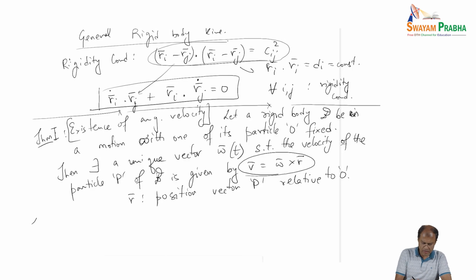Then we have another result in the form of existence theorems. This is part 2. The result says, this is again on the existence of the angular velocity.